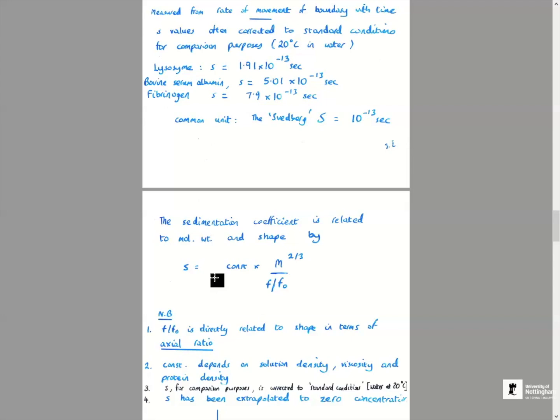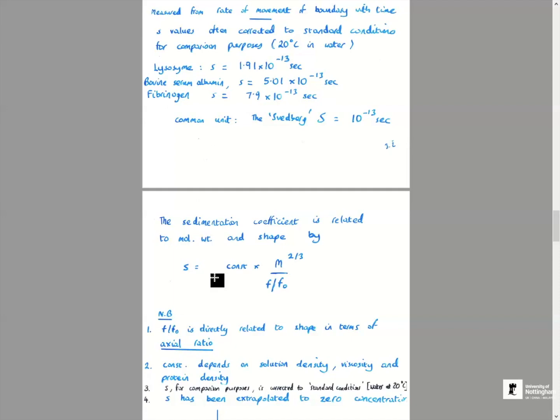So it depends on the density of the solvent, density of the solute, and the temperature. And that's the molecular weight, about 2/3. That's for spheres. Okay, it's a different value for other types of macromolecules.